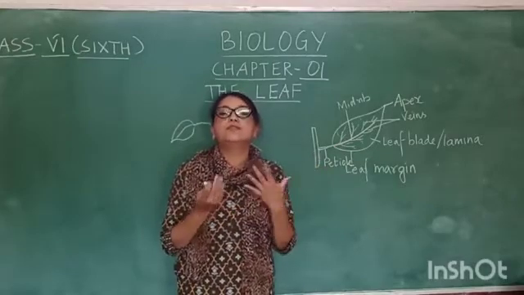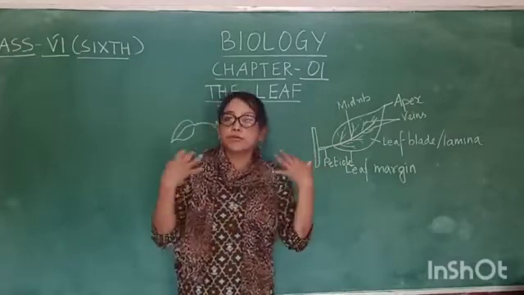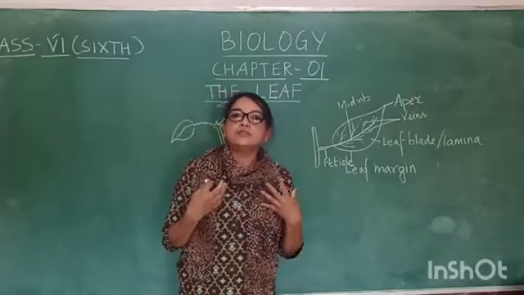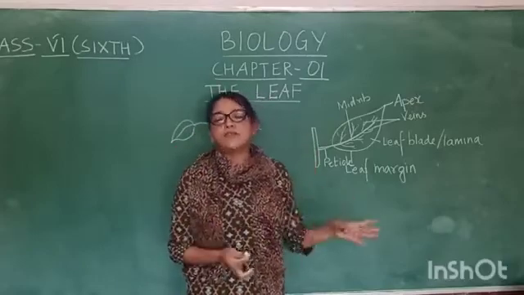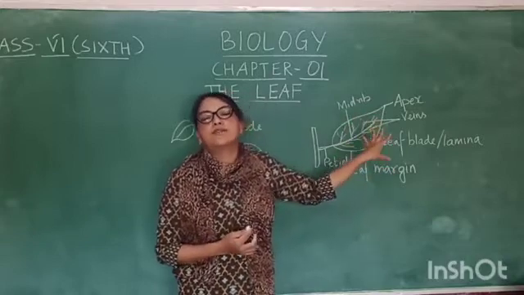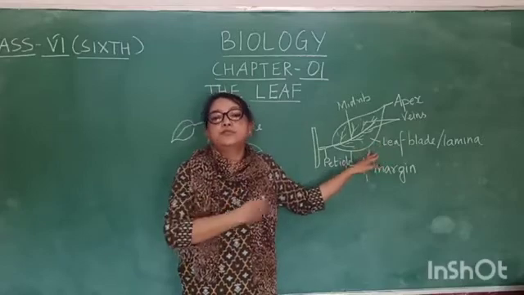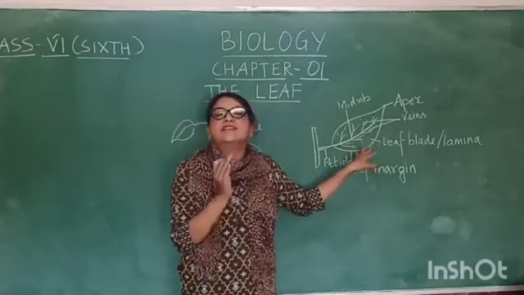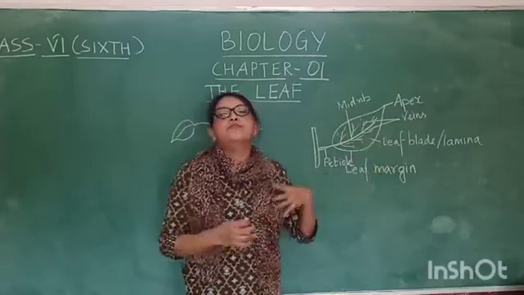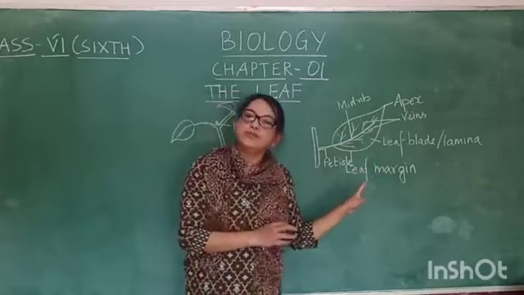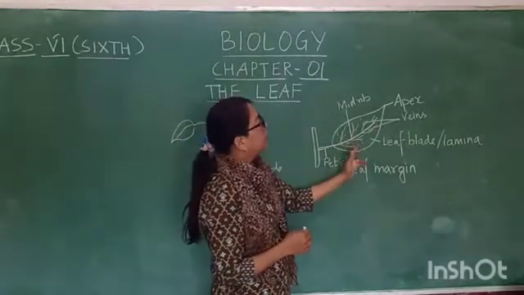Veins, you know, are the blood vessels present in our body, which carry blood to all the parts of the body. The same way, leaves have veins, but here they do not transport blood. Here they transport water and minerals to all the other parts. So these are veins.